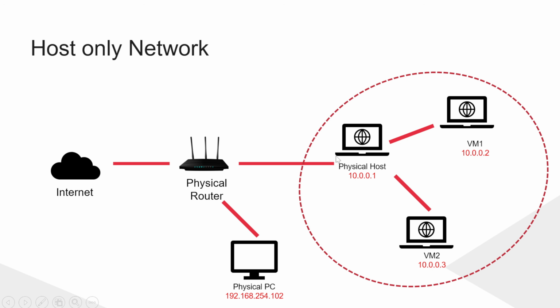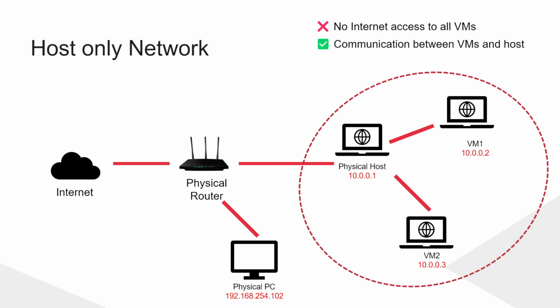There is no communication possible to the outside world. Only these three can communicate with each other. No internet access is available to the VMs. Communication between the VM and the host is possible, and among the VMs also it is possible. These VMs get their IP address from the virtual router present on the physical host.